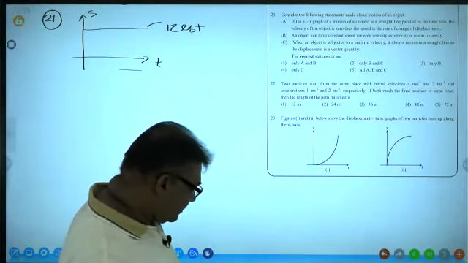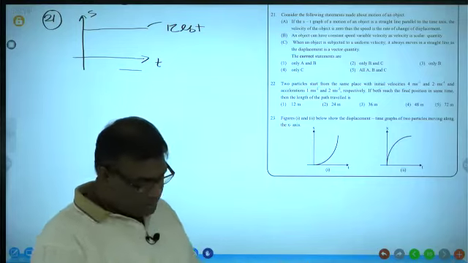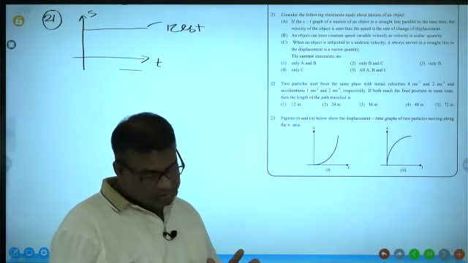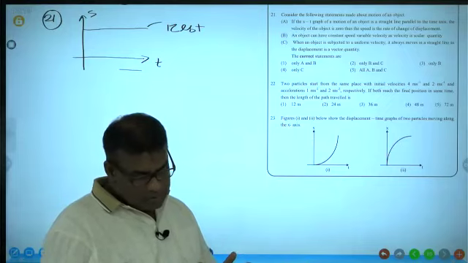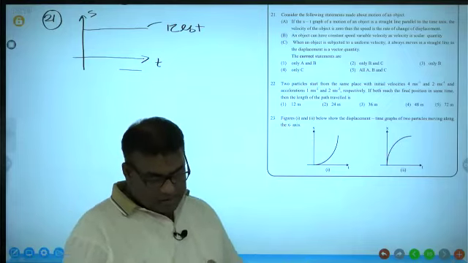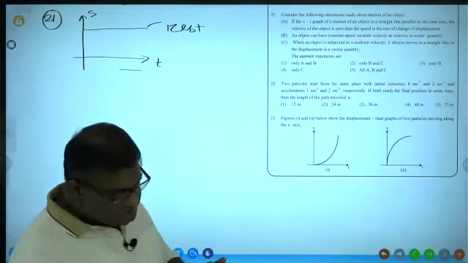If the ST graph of the motion of an object is a straight line parallel to the time axis, the velocity of the object is zero.